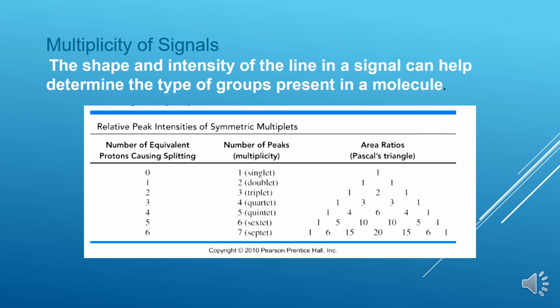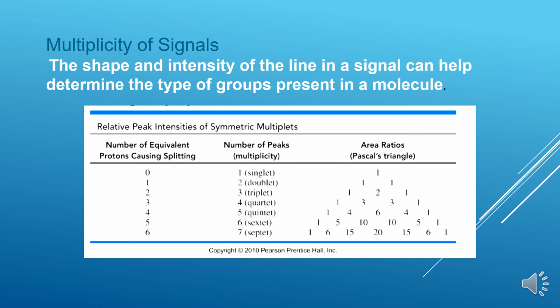While calculating the number of peaks or multiplicity of the peak, one has to use the number of non-equivalent protons present in the molecule, that is, protons separated by less than 4 bonds will split each other.